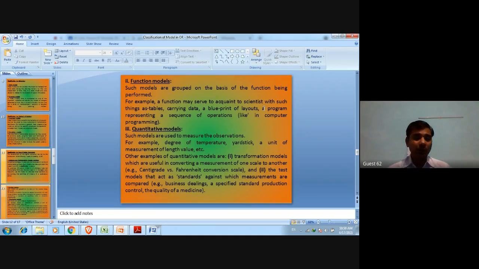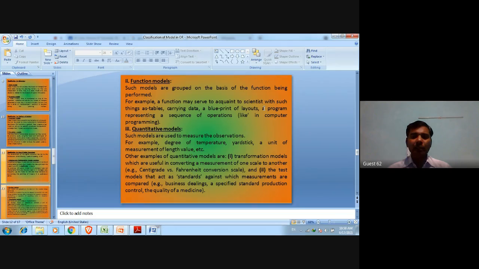Now the next one is the quantitative model. Such models are used to measure observations, for example degree of temperature, a yardstick, or a unit of measurement of length or value. Other examples of quantitative models are transformation models, which are useful in converting a measurement from one scale to another, for example the centigrade versus Fahrenheit conversion scale.